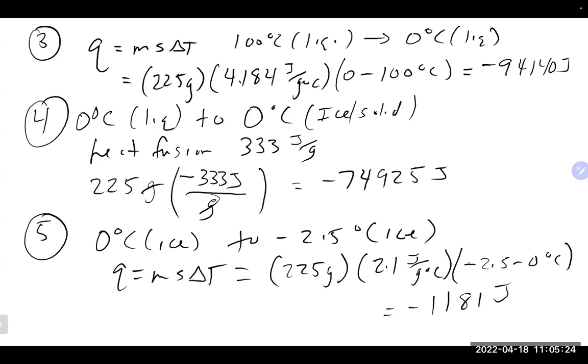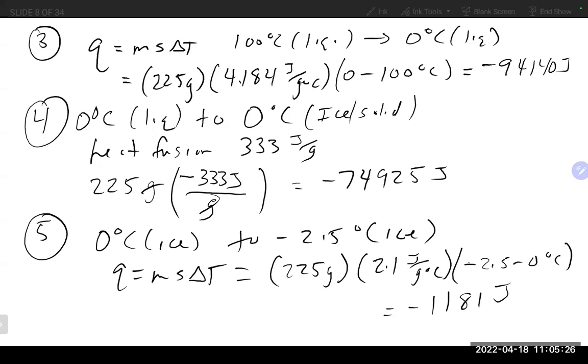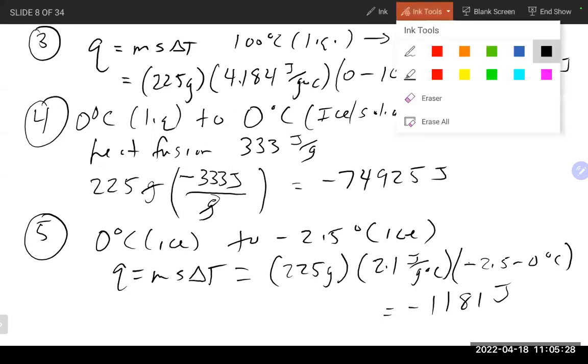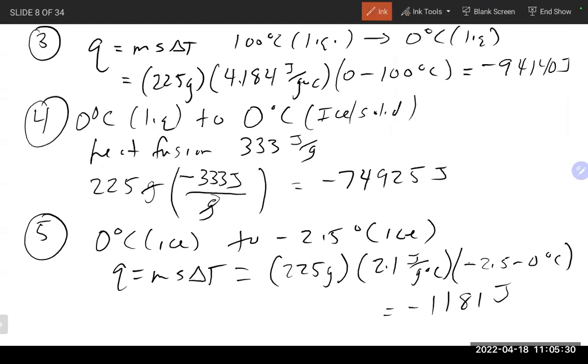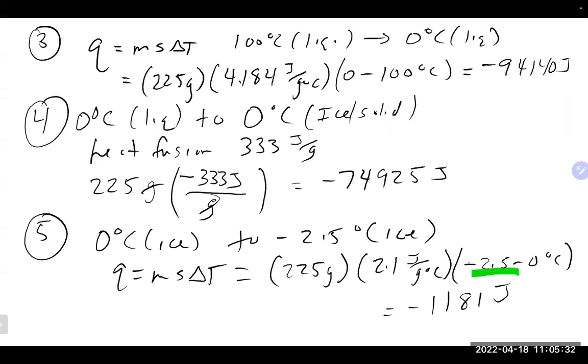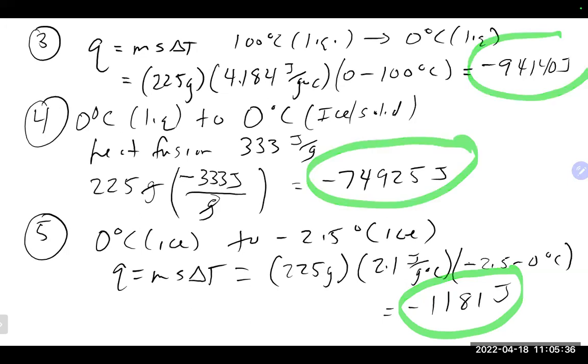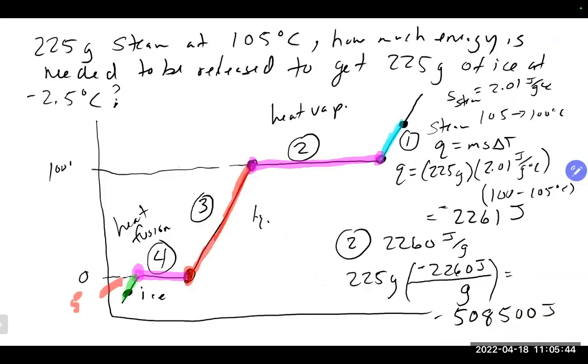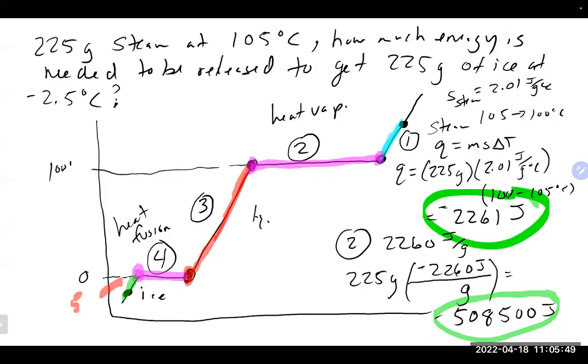We could figure out the total energy by going back and adding up all the energy required for each of the individual steps here to get our total amount of energy, which would be this guy and this guy.